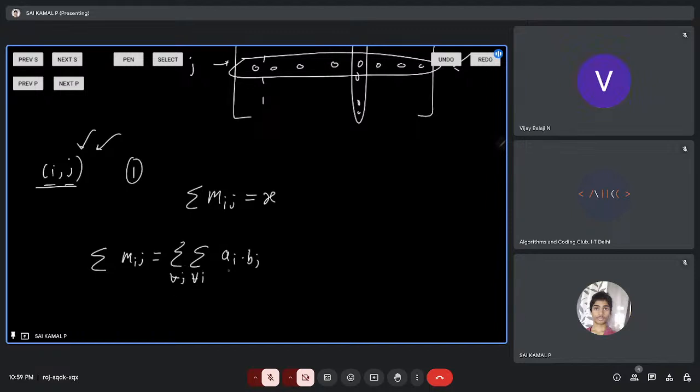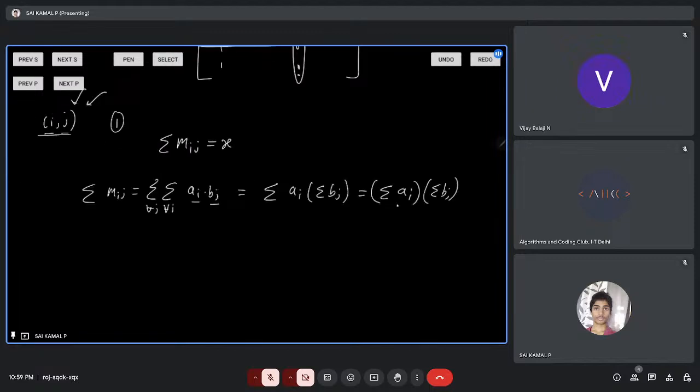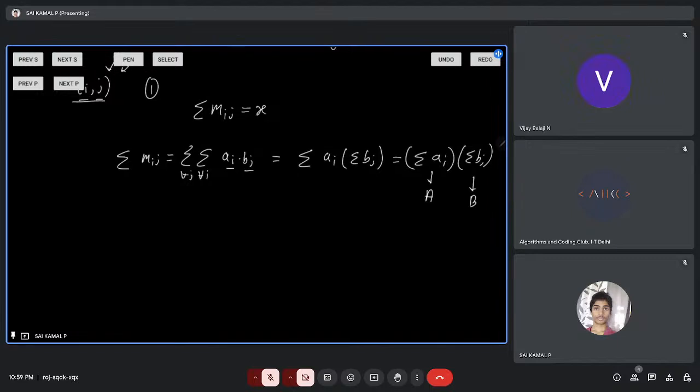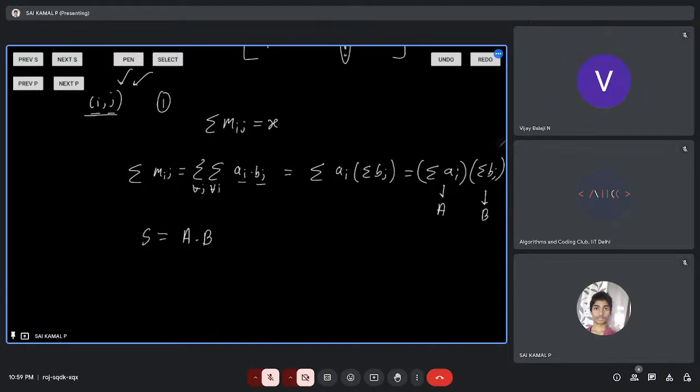So we can see that the a terms and b terms are independent of each other. So this will just split into sigma a_i times sigma b_j. Then if we represent this with capital A and this with capital B, we essentially have that the sum of all elements without doing any operation is A times B.